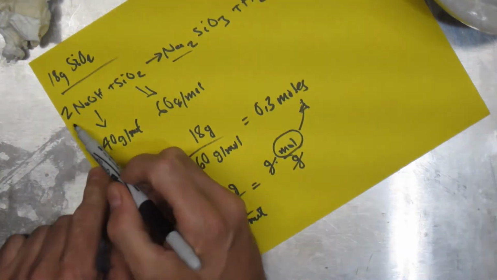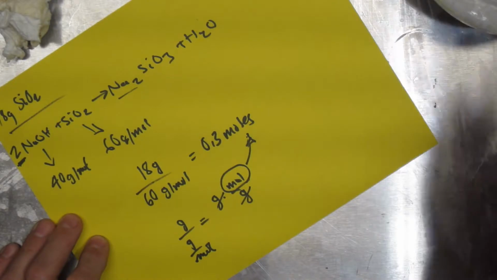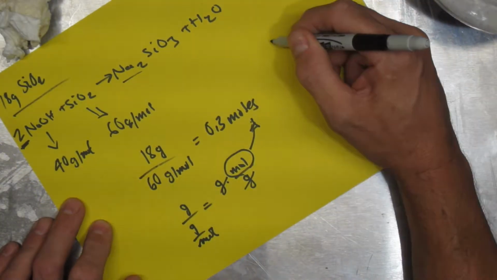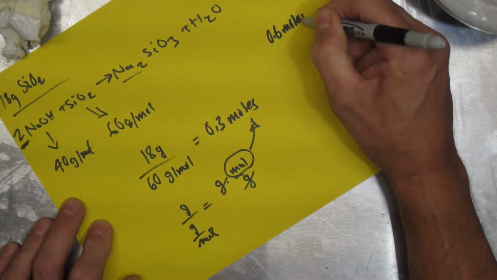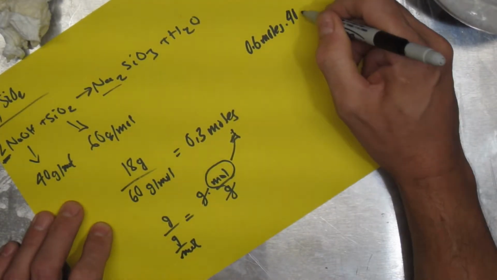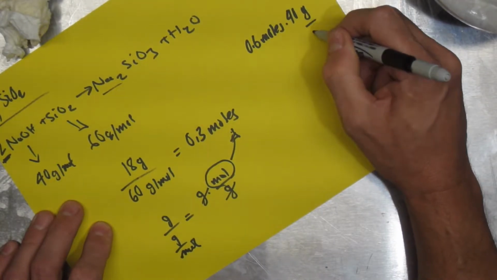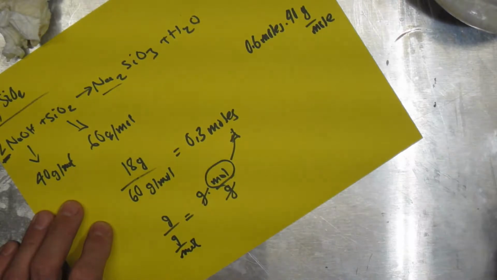Oh wait, no we don't. We need twice that, right? So we need 0.6 moles of sodium hydroxide. And we're just going to use the same kind of deal. We need 0.6 moles times 40 grams per mole. You can see what's going to happen here. Those are going to cancel, right?